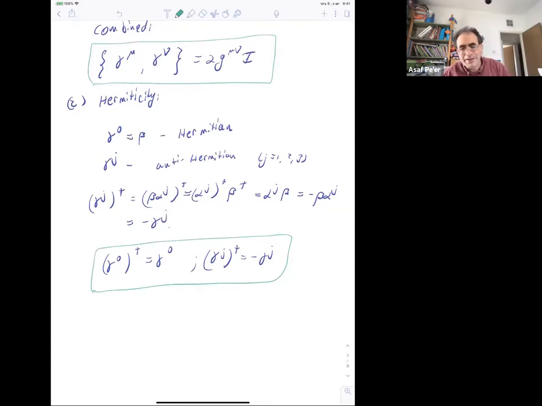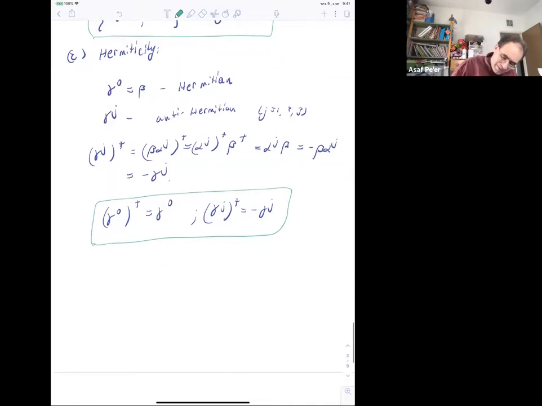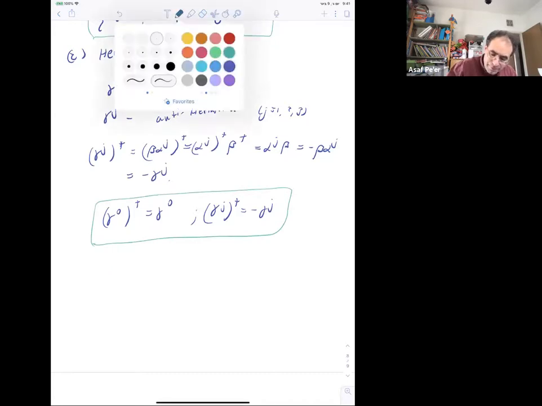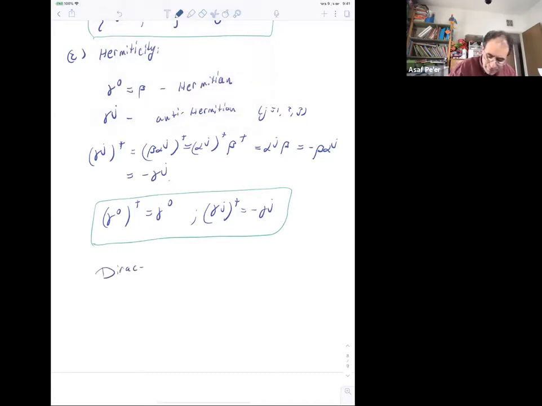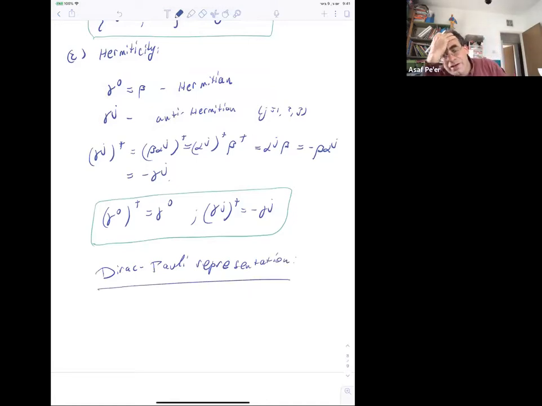So let's put the representation which is common. That's called the Dirac Pauli representation. You can use more than a single representation, but in reality, we do use the Dirac Pauli representation for most practical purposes because it's nice and easy.